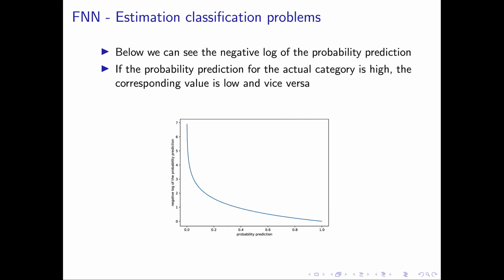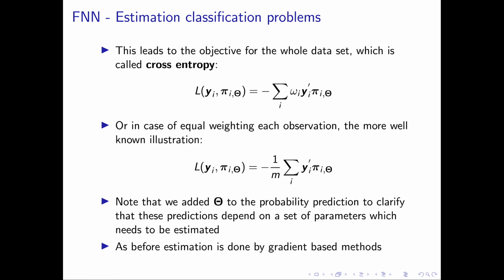And the higher our probability predictions are for the actual categories that we are observing, the better our model is. And we try to do this not for a single observation, but for all observations that we have in our data set. And that is why our loss function is again a weighted sum of the minus log of the probability estimates for the actual categories that we are observing.